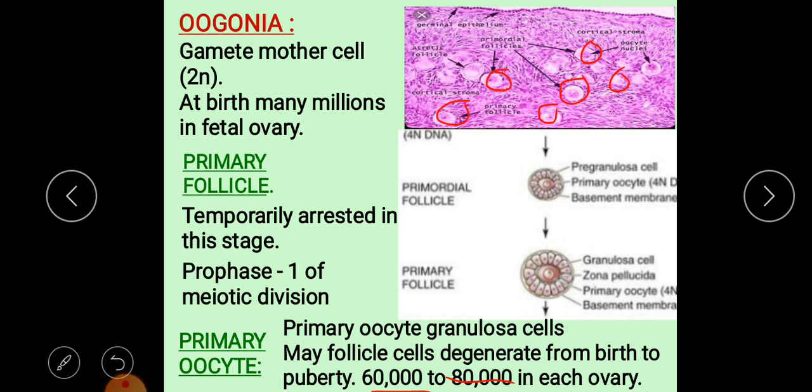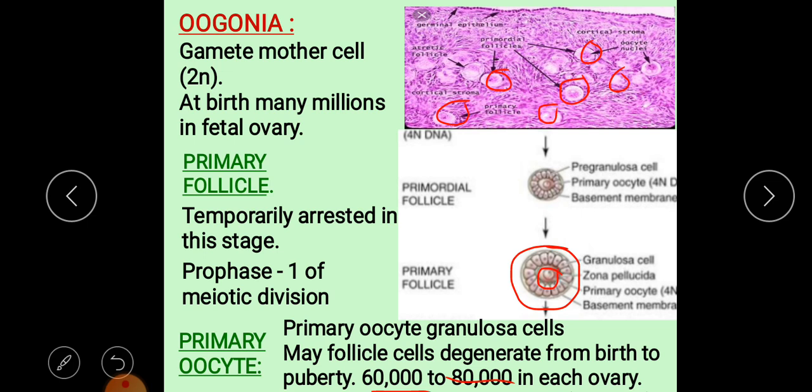So what happens in the primary follicle after birth till puberty? Let us see how follicular development takes place in the primary follicle. This is the primary follicle cell, and where is the primary oocyte? Inside the follicle cell.